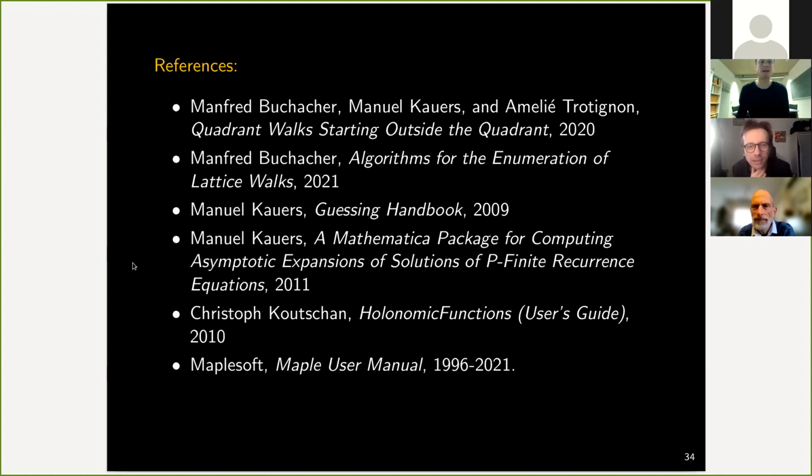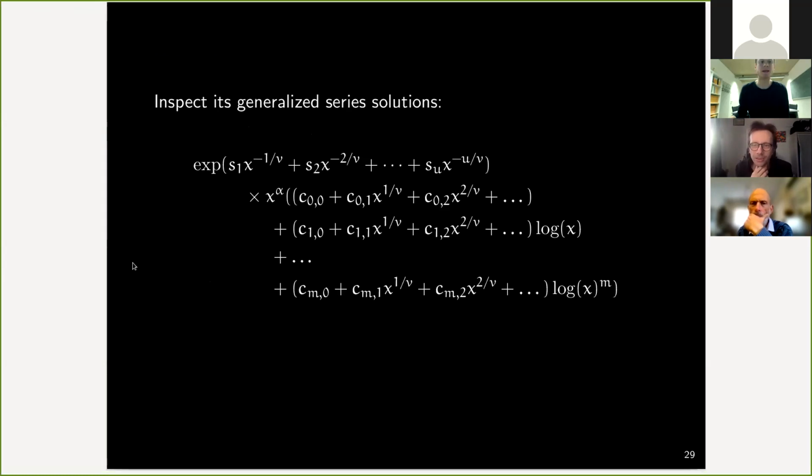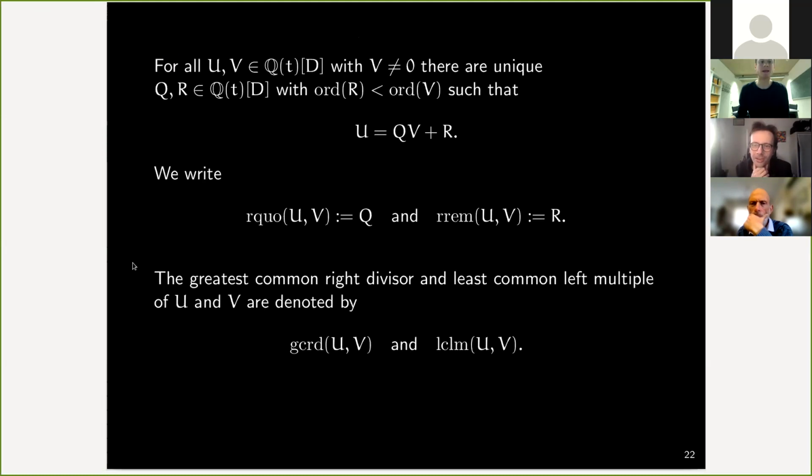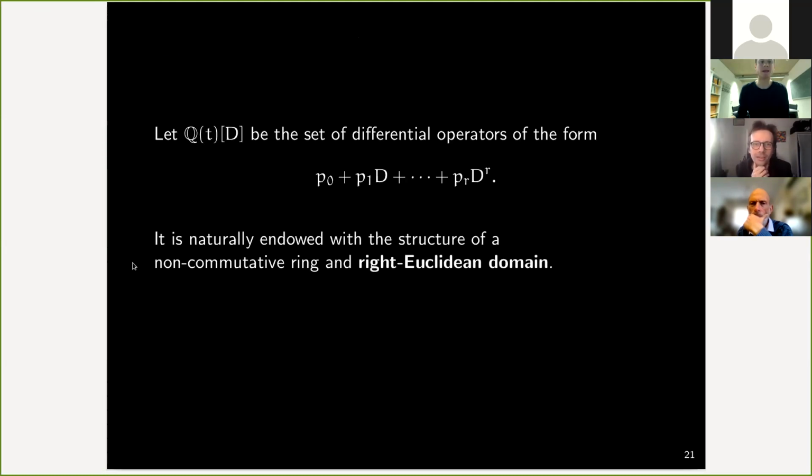I have a technical question. Maybe I missed it when you spoke. If you have an operator that you suspect is a product of smaller degree operators, you're telling me there's an effective procedure to factorize it? Yeah. And there's even an implementation in Maple.